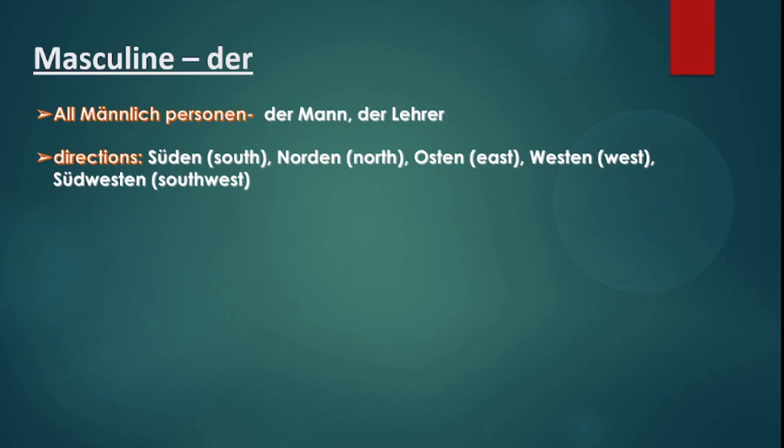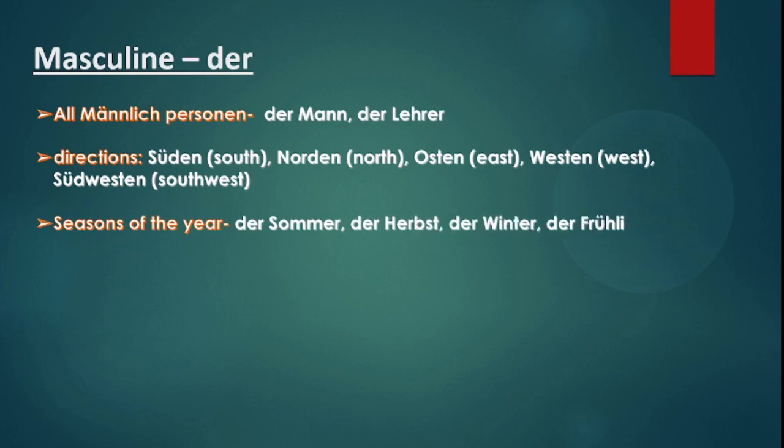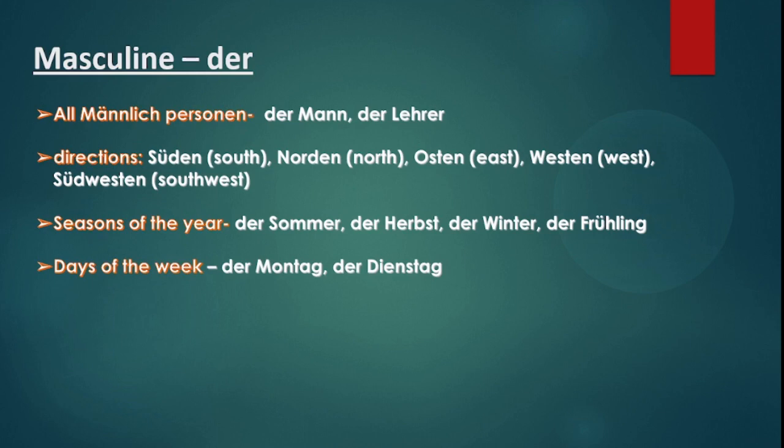The next characteristic is seasons of the year. Whenever you are talking about the seasons of the year, you can use der as the article. For example, der Sommer, der Herbst, der Winter, der Frühling. The next is the days of the week. Whenever you want to talk about the days of the week, you use der as the article.